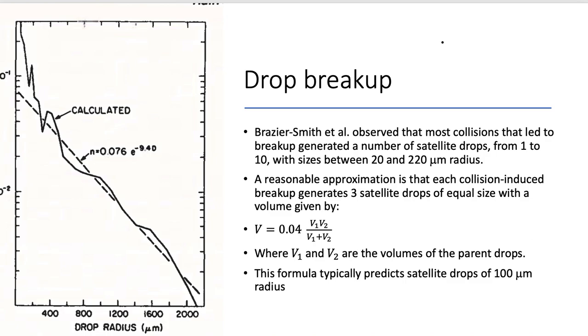The challenge when you consider drop breakup, and particularly breakup due to collision between two droplets, is that you start off with a droplet of volume V1 and another droplet of volume V2.